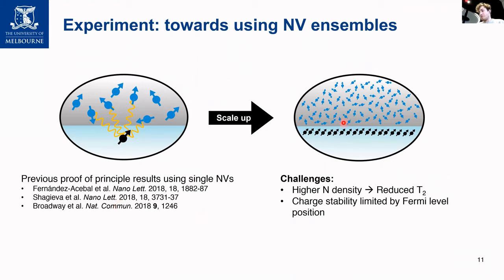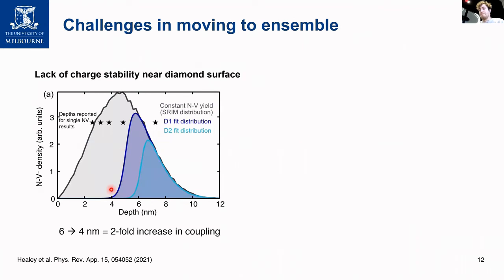Whereas we don't have this luxury when we use ensembles. And so I can show this here, where just using an NV NMR technique, I can measure the NV minus distribution in the diamonds that I'll use in the study to come. And what I find is that I really don't see any NVs shallower than, say, 6 nanometers, even though the nitrogen we implant peaks at about 4 nanometers.